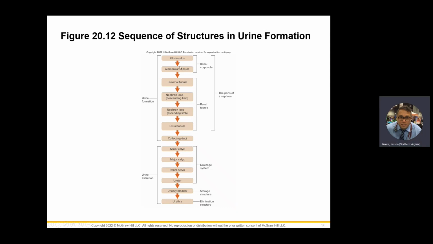So think of all the stuff up here: the nephron, glomerulus, Bowman's capsule, proximal and distal convoluted tubule, and your loop of Henle. All of that is the nephron, and that's microscopic. Then from the collecting ducts to the pyramids, minor calyx, major calyx, all the funnels, think of that as what?